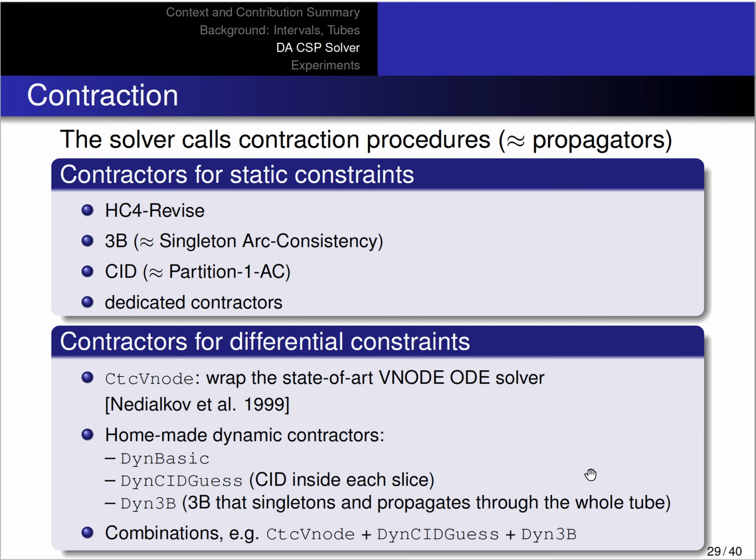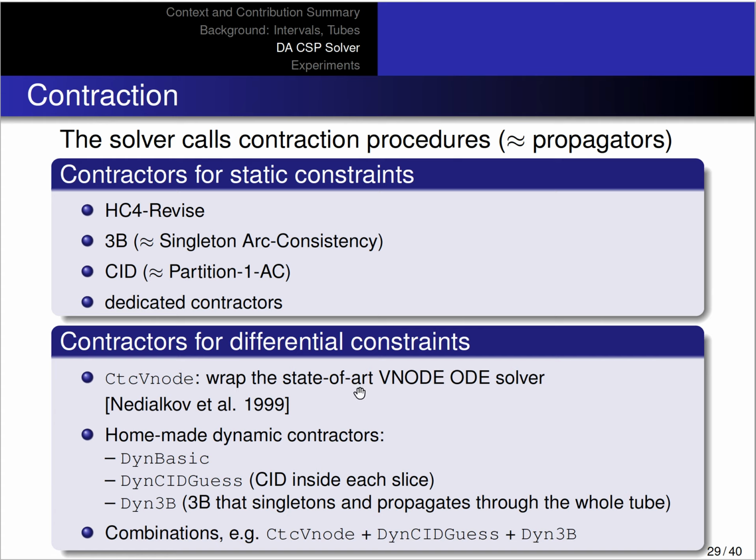As seen above, both tube slicing and tree search phases achieve contraction procedures. Contractors are close to propagators for finite domain CSP. For static constraints, any set of contractors can be used, like HC4, 3B, SEED, or contractors dedicated to specific constraints. For differential constraints, we propose two main types of contractors.